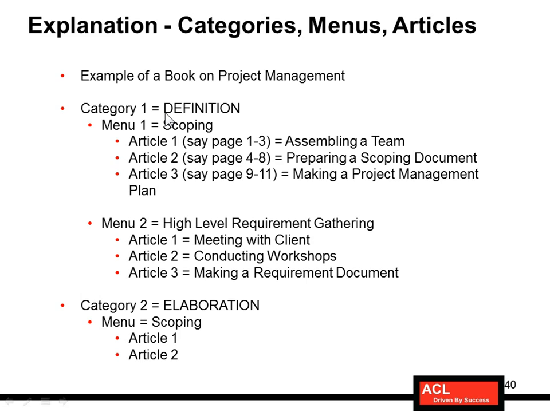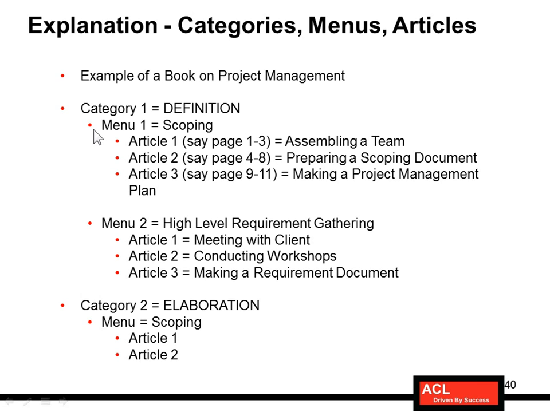Now within each of these sections you will have lessons inside that, right? So say lesson 1, lesson 2, lesson 3, or chapters inside it. That's what you can categorize as a main menu.